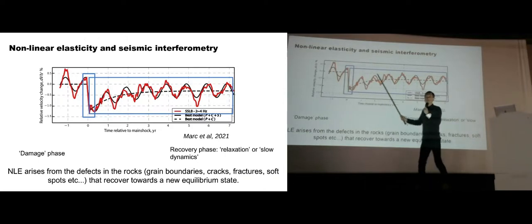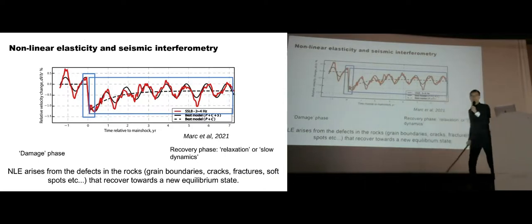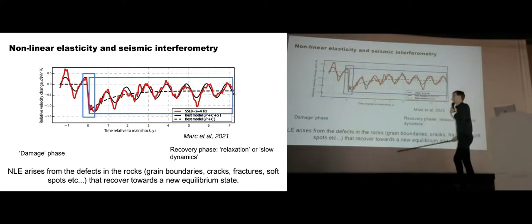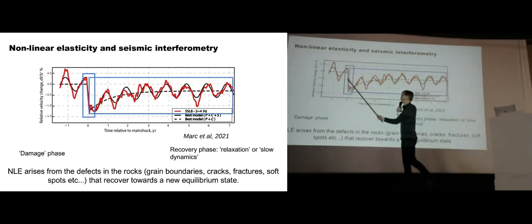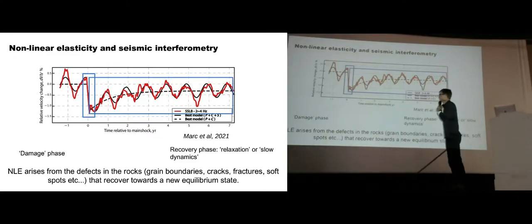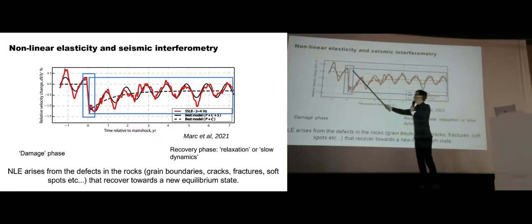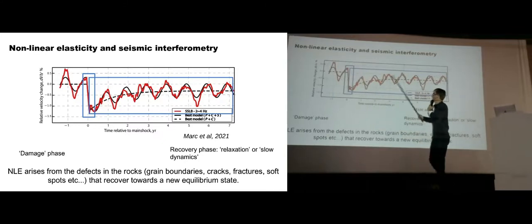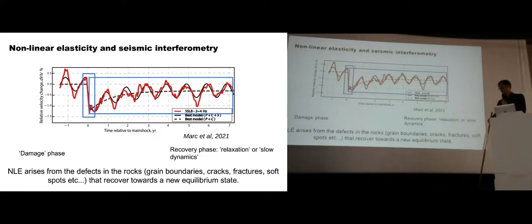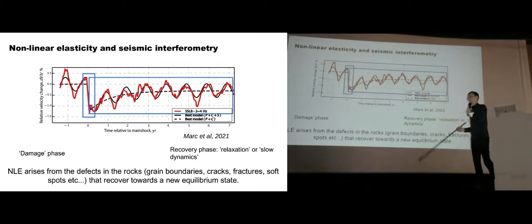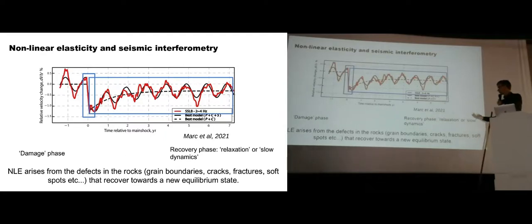We usually have some seasonal cycle that is imposed by the environment on our measurement during the earthquake, and this is the Chi-Chi earthquake in Taiwan. We have a drop, and then we have some increase, again, superimposed by the environmental changes. And the decrease in velocity is usually related, or it's assumed to be related, to damage in the rock, to defects that open, and to connections that are broken.